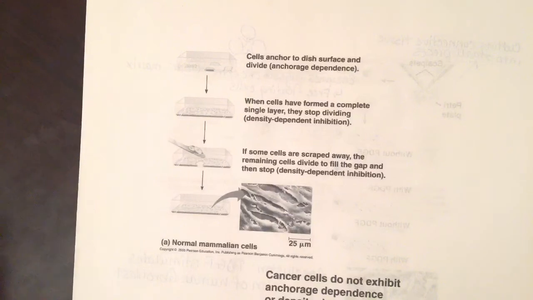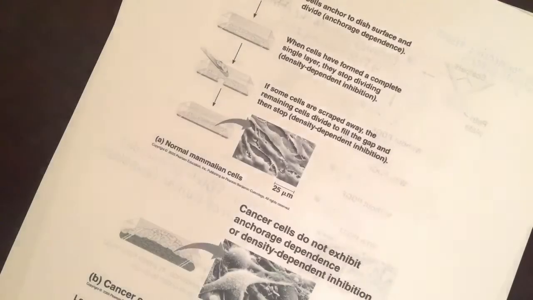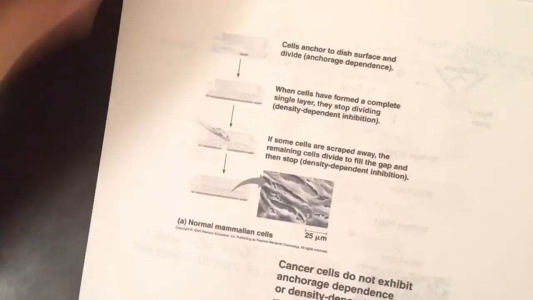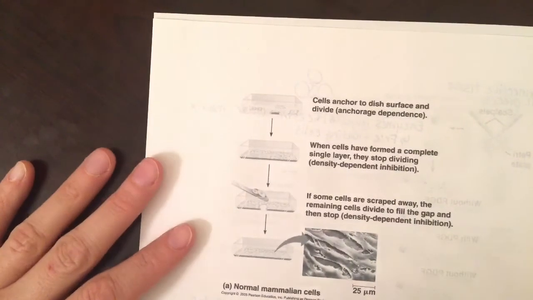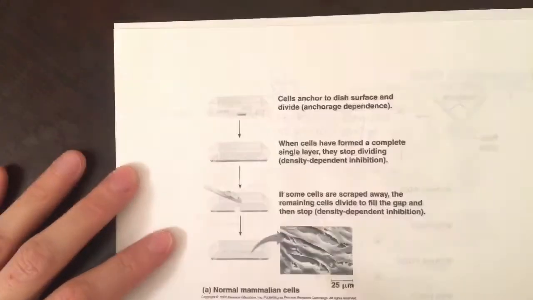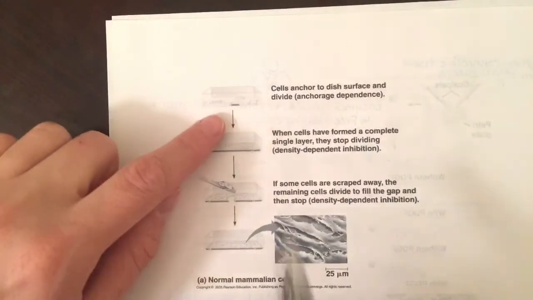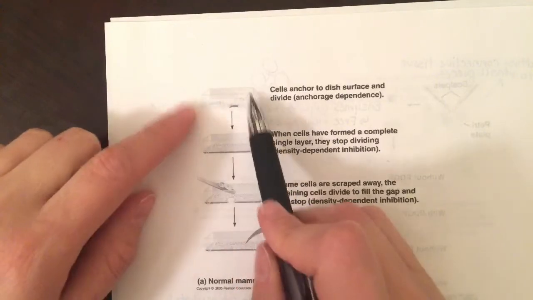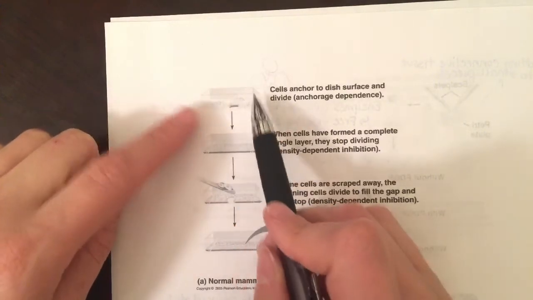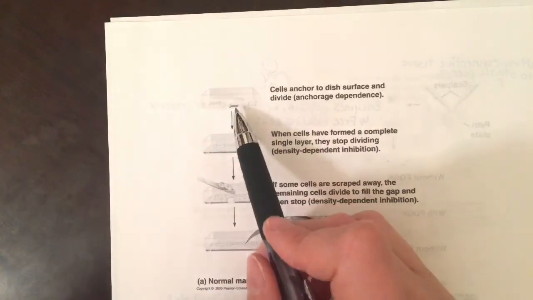So let's look at this back picture here on the other side of the page as far as what is going on with these cells. What this picture is trying to show you is that cells are anchored to the bottom of this dish. They're growing cells in a little dish again, just like the previous picture.